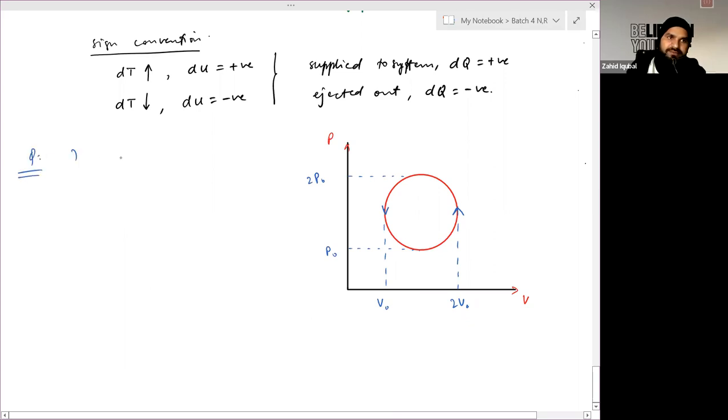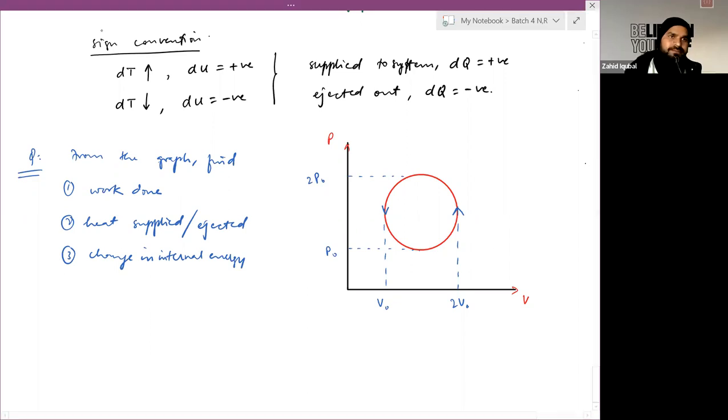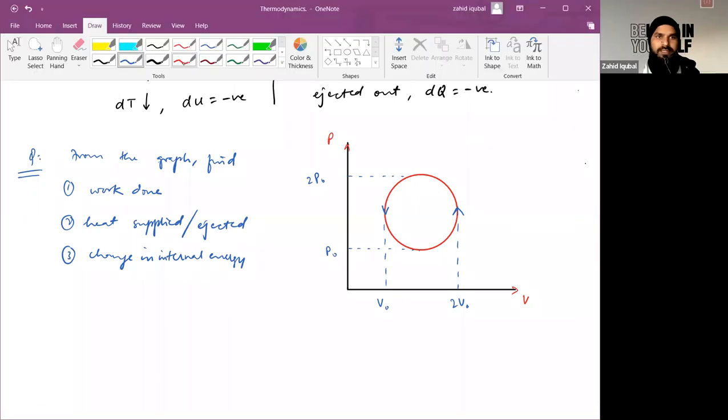From this graph, try to find first the work done, heat supplied or ejected, and change in internal energy. Try to find. First, let me give you some hint.